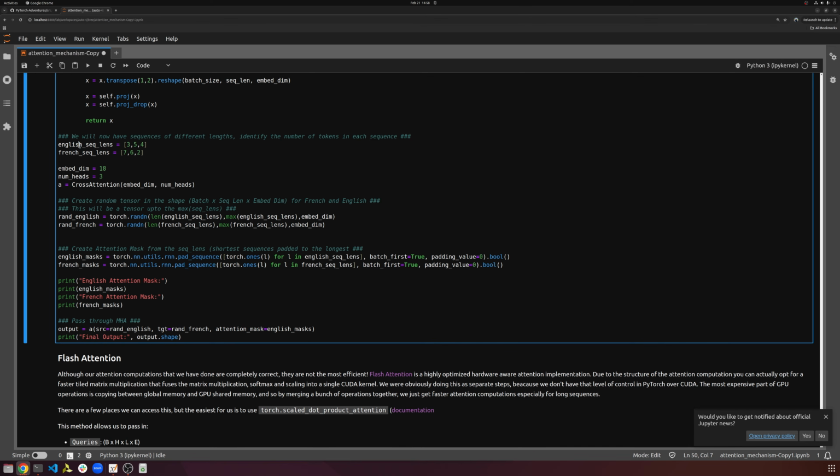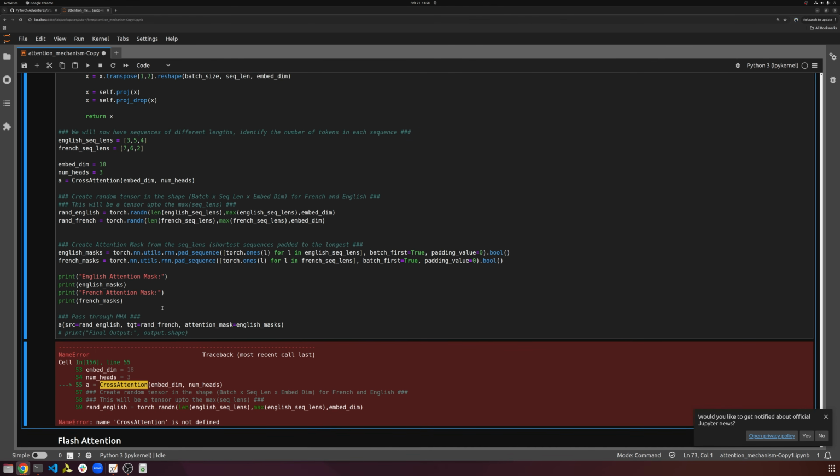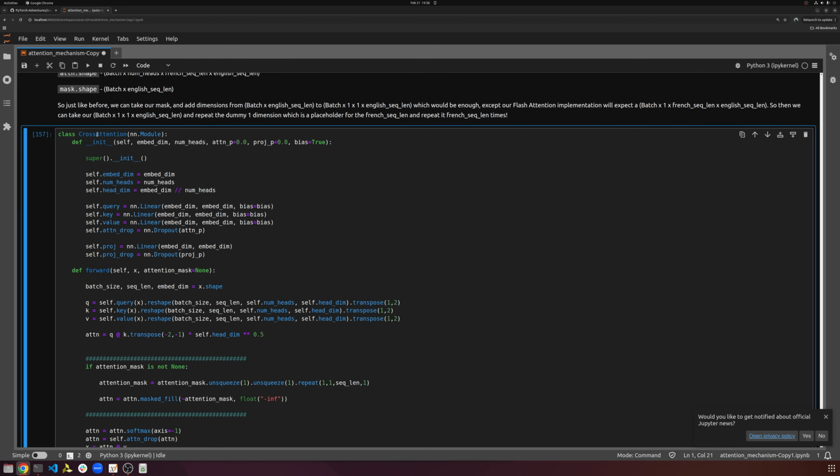We have English and French. Pick some embedding dimension, some number of heads, and we're just doing exactly what we did before. We have French data and English data, and we have French masks and English masks, which produces something like this. It'll probably throw an error, that's fine. Let's call this cross attention.